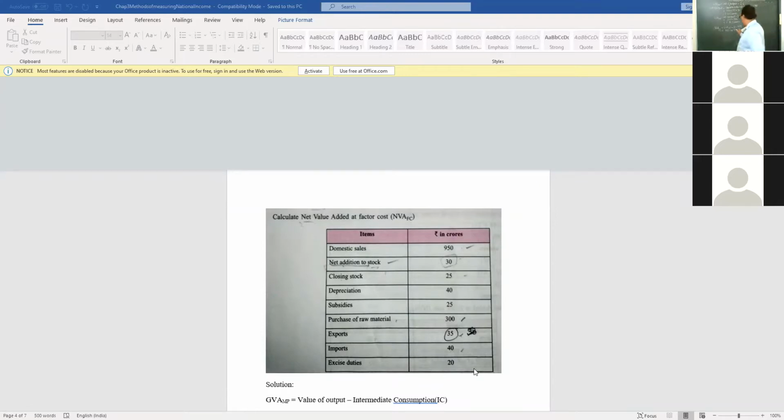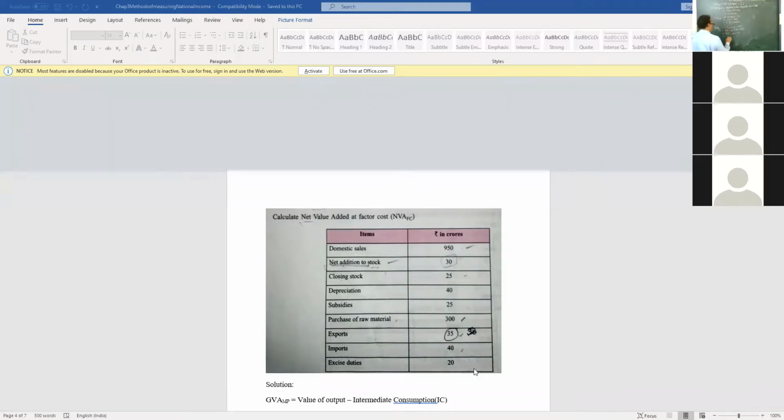IT will be 20, minus anything else? No. Subsidies is how much? 25. That comes to 715 minus 40 minus 5, isn't it?